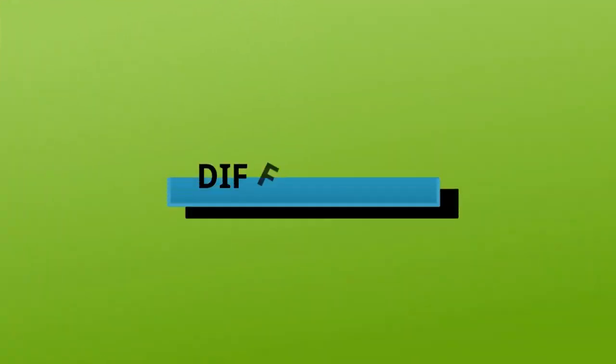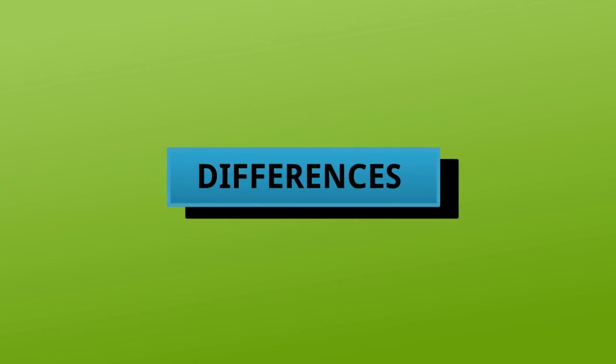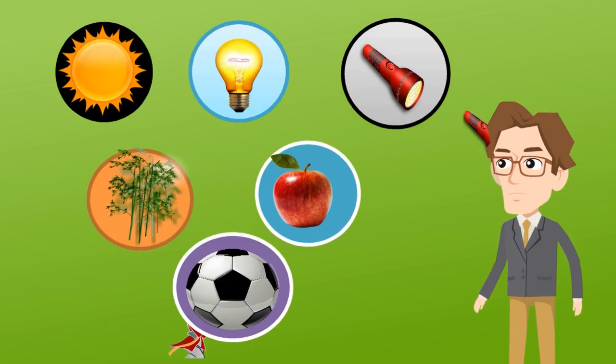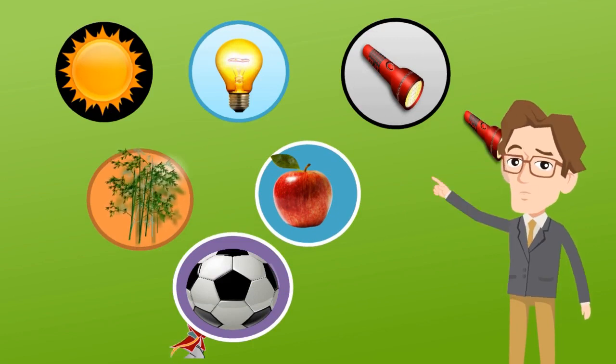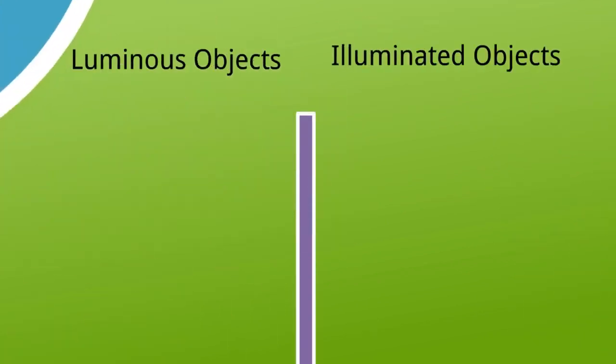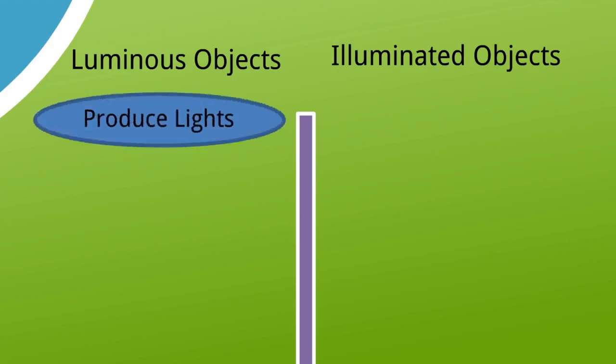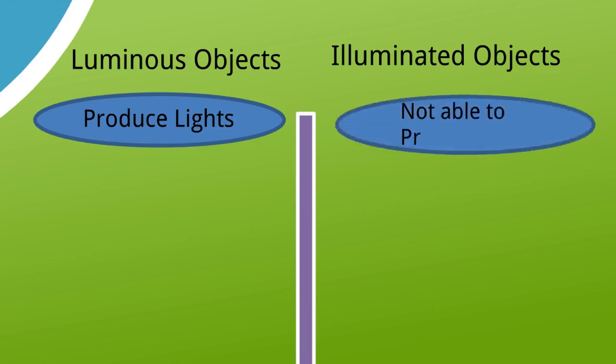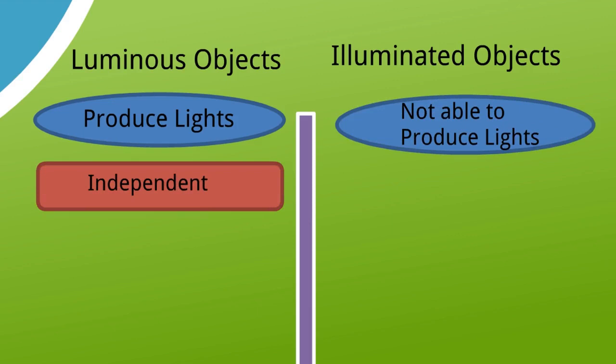Differences. Sometimes we get confused about the sun or bulb or torch or plants, apple, football. So don't be confused. We can easily categorize luminous and illuminated objects. Let's see the differences between luminous objects and illuminated objects. Luminous objects produce light. Illuminated objects are not able to produce light. Luminous objects are independent.